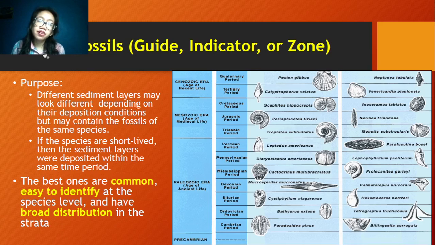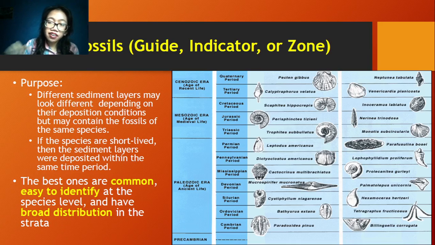For example, a geologist is digging through an unknown rock strata, and he comes across Dictyoclostus americanus. So he finds this species in the rock itself.